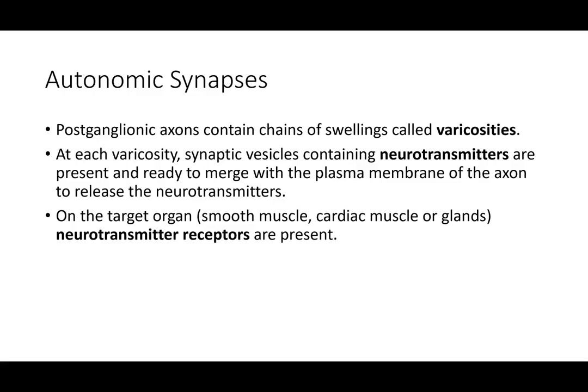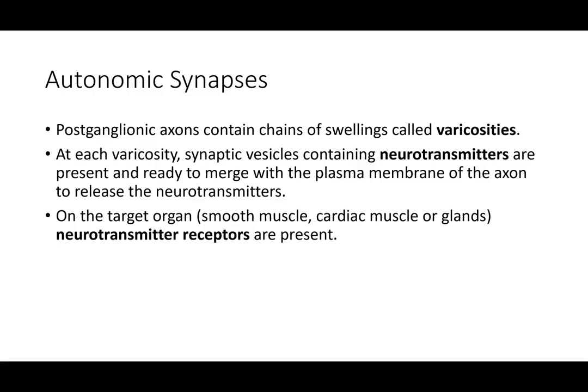For each of these, there are synaptic vesicles that contain neurotransmitters. This is where we start seeing a lot of chemical signaling within the nervous system rather than just the electrical signaling that we see in most of the rest of the nervous system.